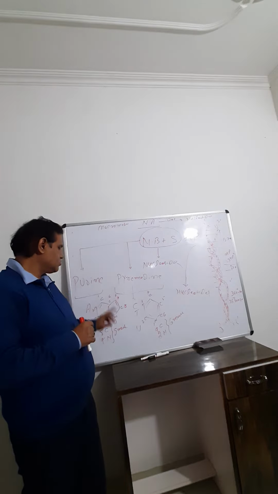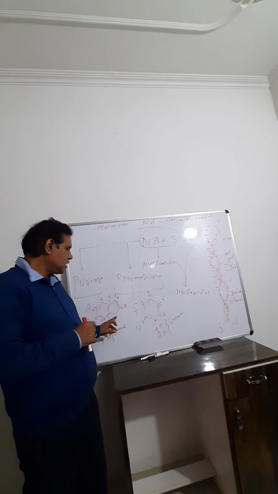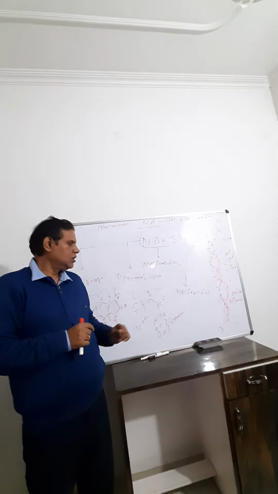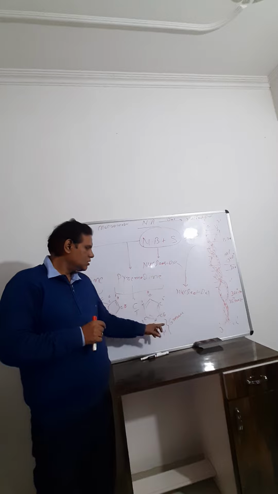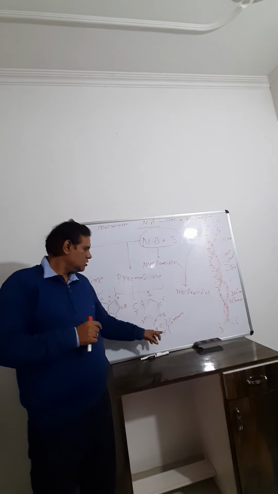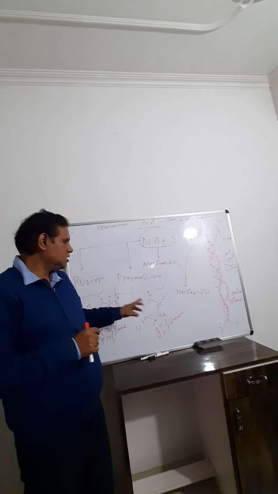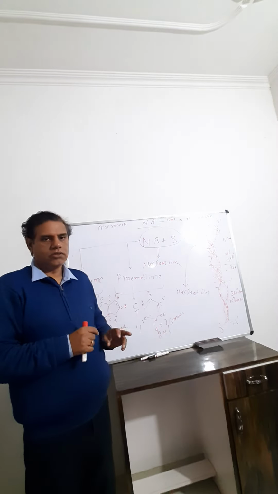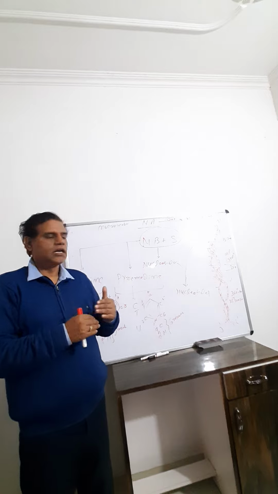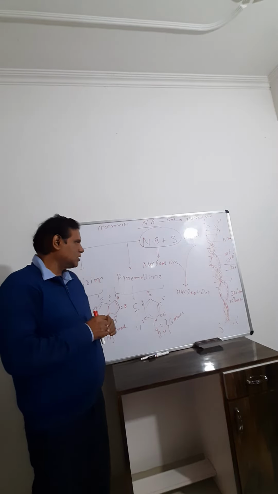So between purine and sugar it is the N9-C1 glycosidic bond, and between pyrimidine and sugar the N1-C1 glycosidic bond is present. So these are nucleosides, because a nitrogenous base attached to sugar is a nucleoside.